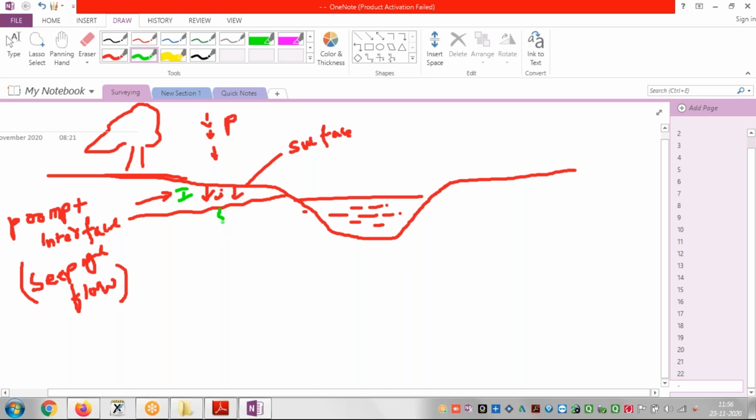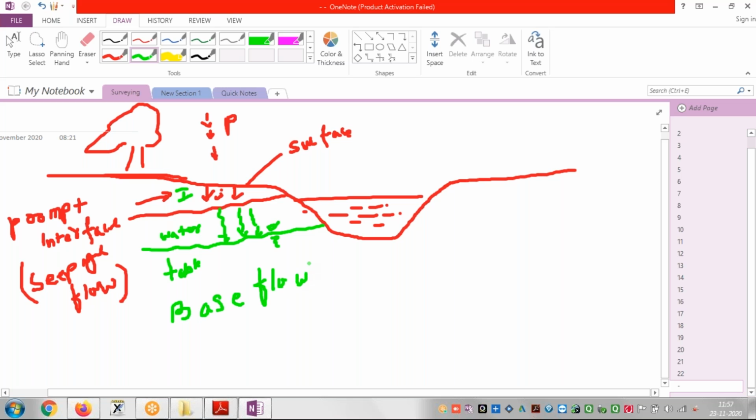And when some water goes to more depth, it will go somewhere here, and here there will be some water level. We say that is the water table, right? This water will meet the water table. So when this water goes into depth and meets the water table, it is called base flow.